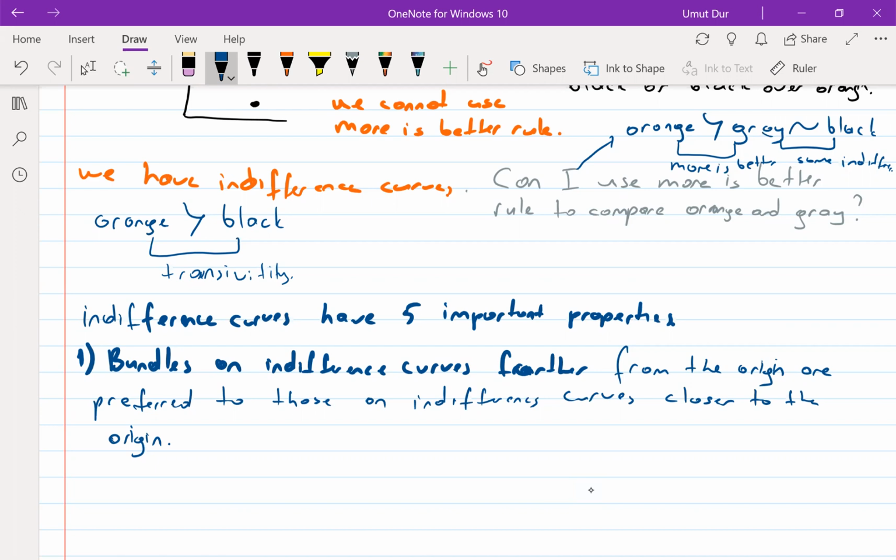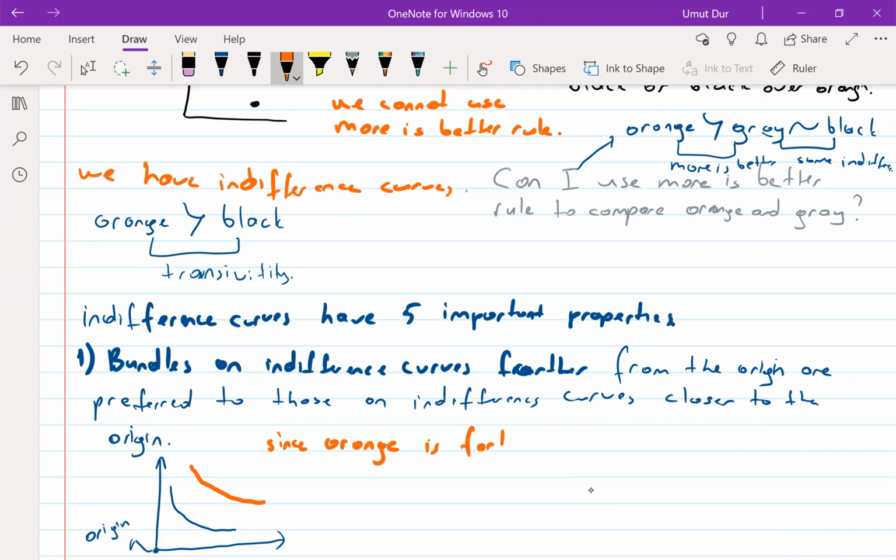So what do I mean here? If we consider this graph, this is the origin. If I consider this blue one and this orange one, since orange is farther, it is preferred.